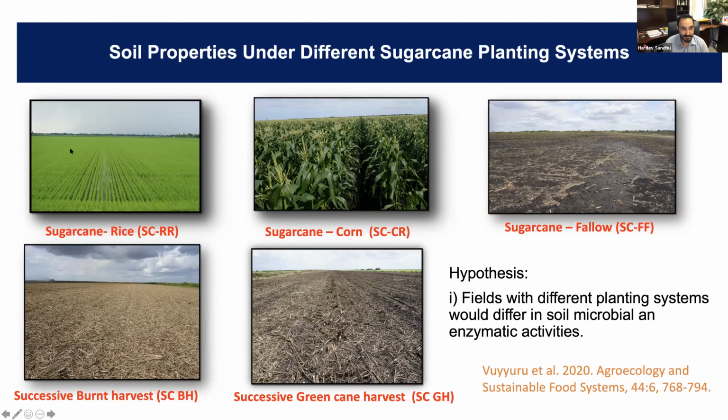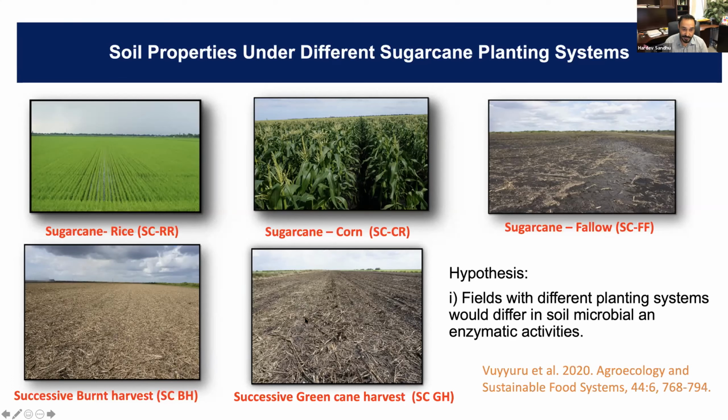So in this case, most of the sugarcane area in the Everglades agricultural area, they use either rice or sweet corn as a rotation crop, or they just leave the land fallow for some time and then grow sugarcane again.